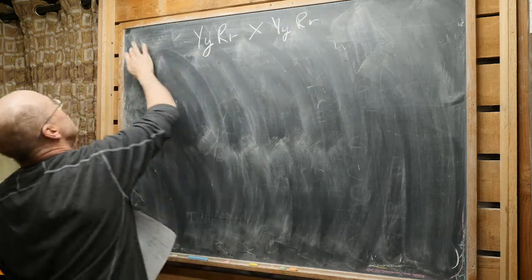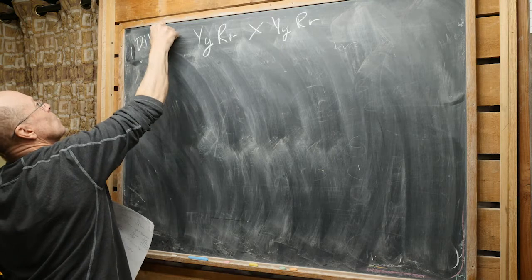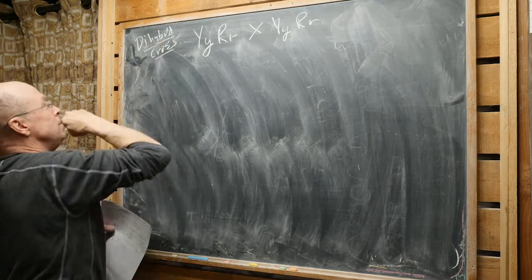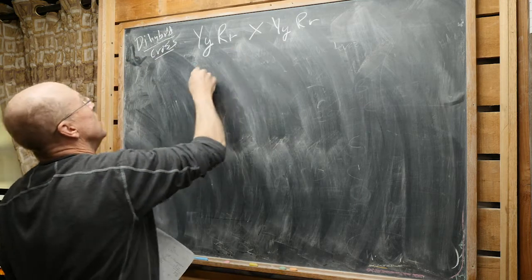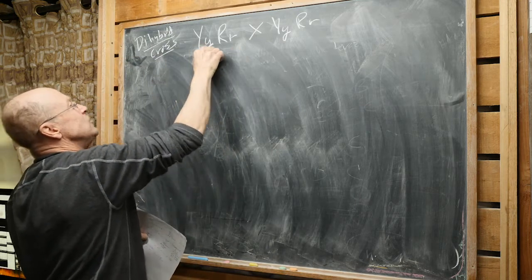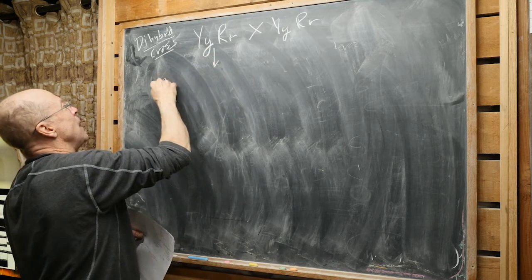And by the way, this is the dihybrid cross. And here is the crazy cool part. Let's do gametes here. So here's our possible gametes.